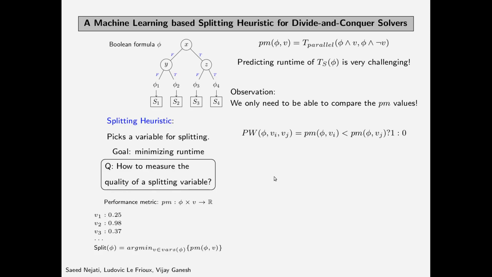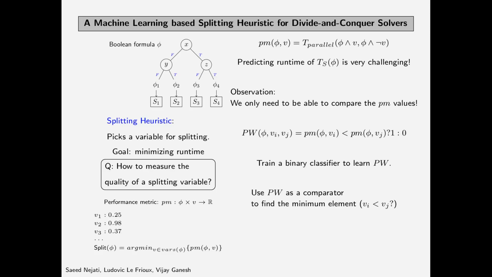We define a pairwise function that, given a formula and two variables within it, compares the PM values of Vi and Vj and gives us a value of 0 or 1. Because it's a 0, 1 output, we could train a binary classifier to approximate this pairwise function.